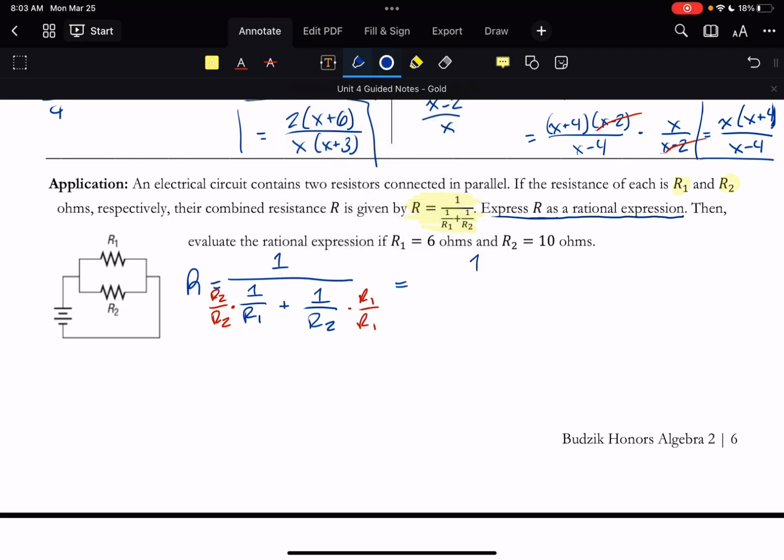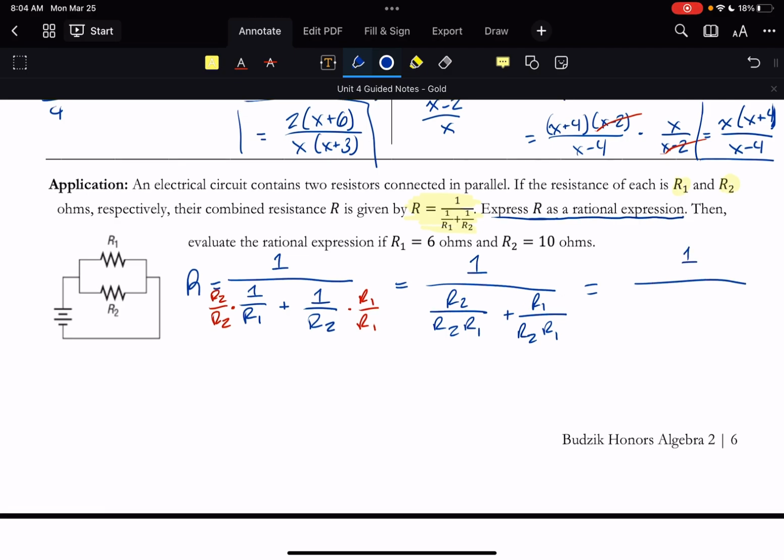So then simplifying that out, this gets me 1 over R2 over R2 R1 plus 1 times R1 is R1 divided by R2 R1. And again, simplifying that denominator, since I have that common denominator, I can combine. So this is going to give me 1 over R2 plus R1 over R2 R1.